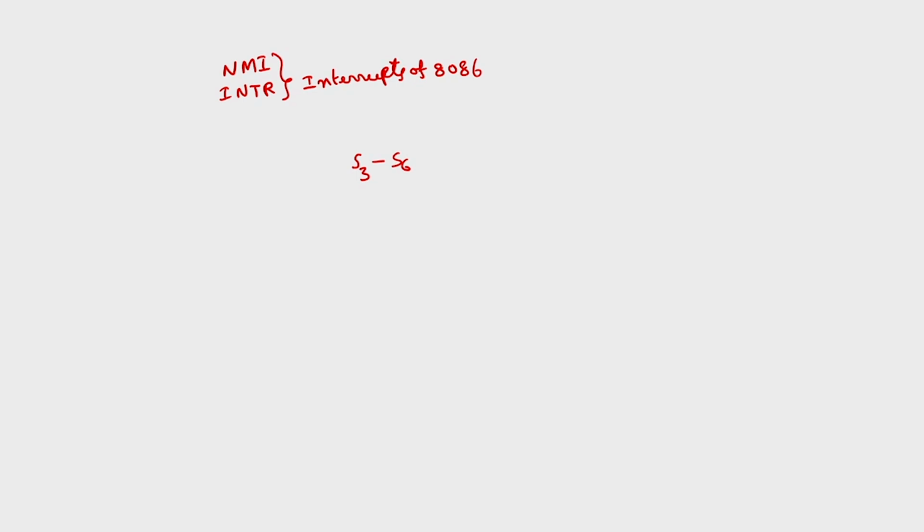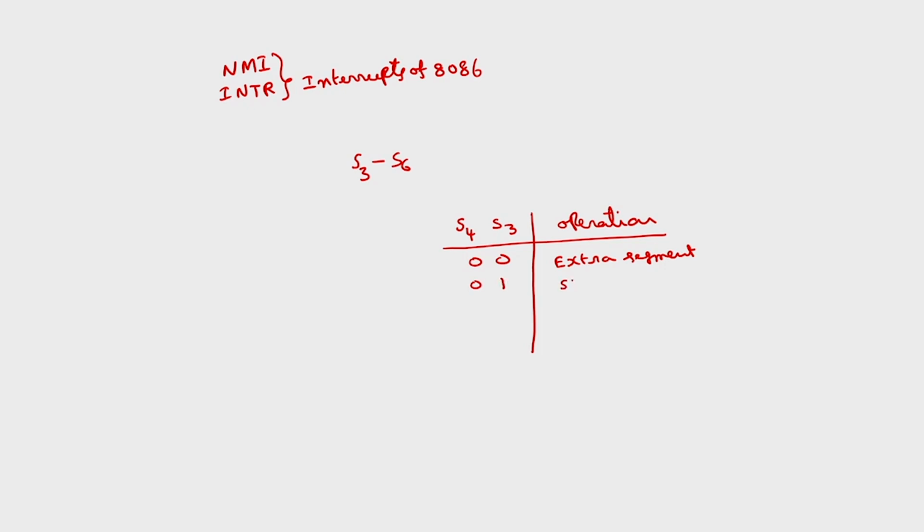The function of S4 and S3 is segment selection. If they are 0 0, then this is the extra segment. To access the extra segment, these two status signals should be 0 0. 0 1 is for the stack segment, and 1 0 is code segment or no segment.